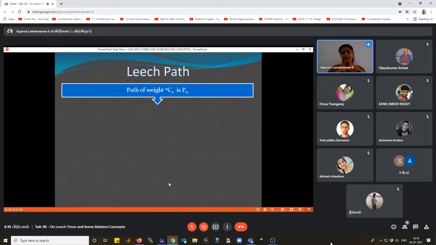In Pn, how many edges do we have? We have n minus 1 edges, right? And these n minus 1 edges must be given distinct labelings. Distinct means the minimum choice is 1, 2, etc. up to n minus 1. If it is 1, 2, etc. n minus 1, what will happen?